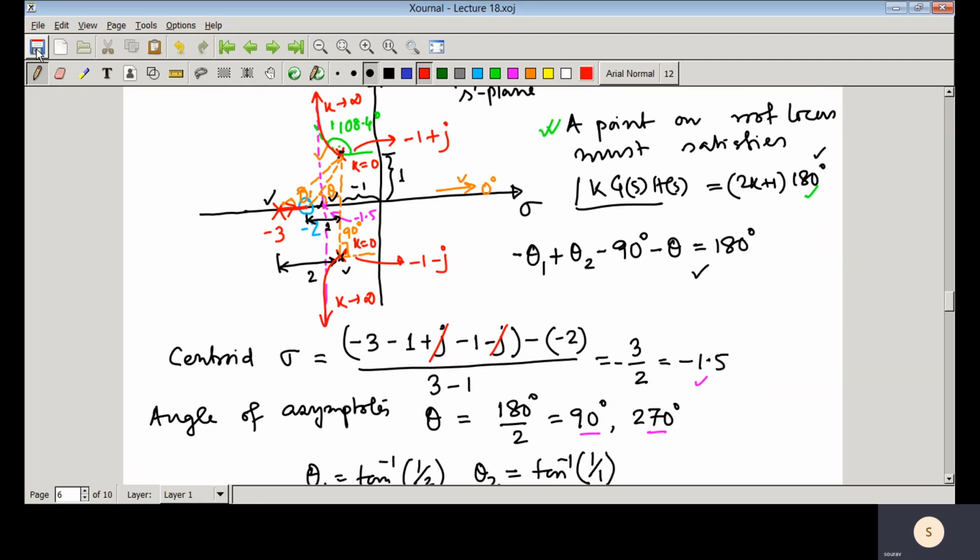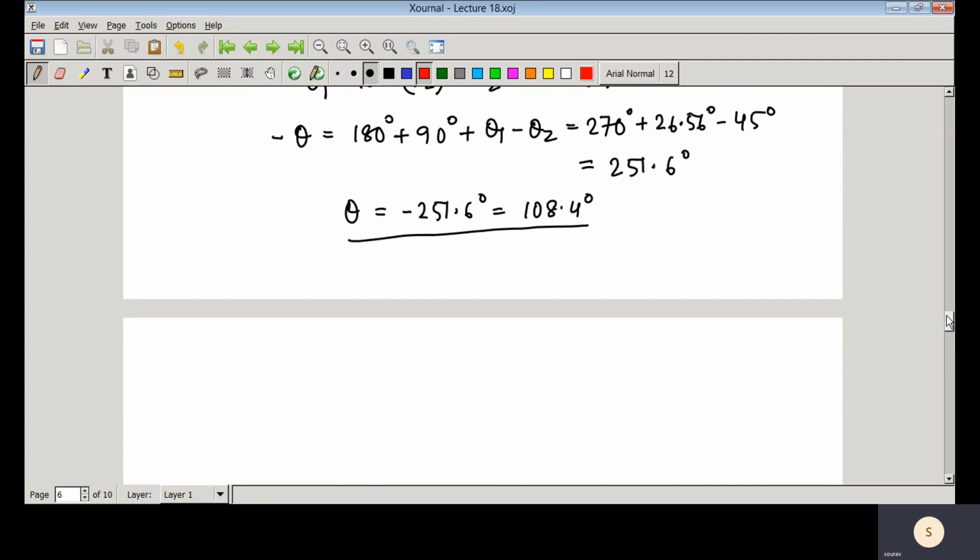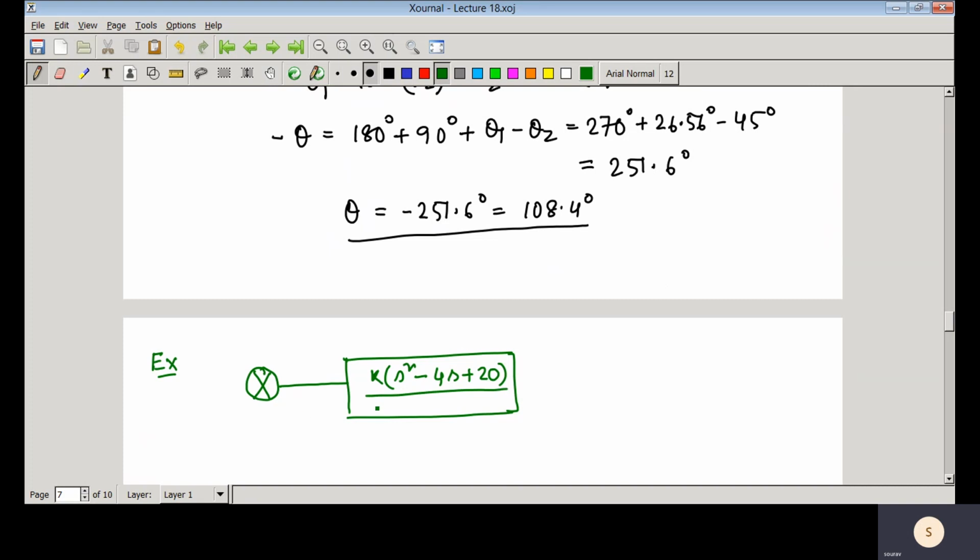If we take one more example, suppose we have a closed loop system, and the open loop transfer function is given like this: k of s squared minus 4s plus 20, over s plus 2, s plus 4.